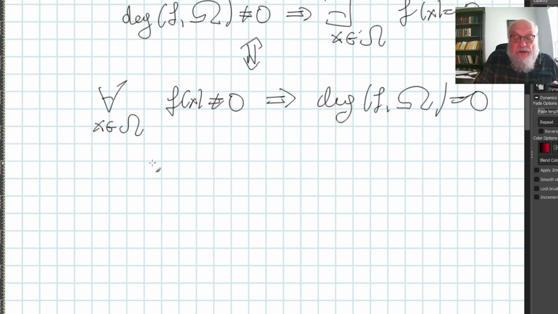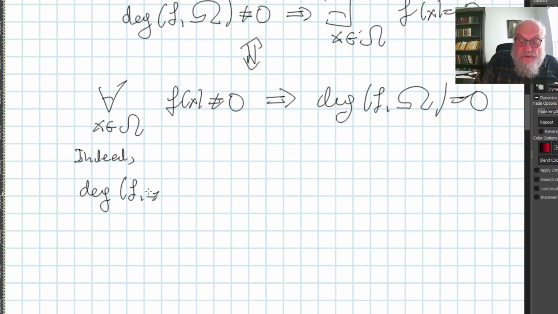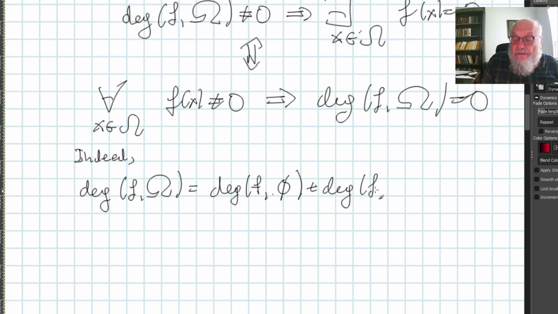And in order to show it, so let's do it. So what do I have here? So indeed, degree of f on omega can be written as the same as degree of f on the empty set plus degree of f on omega, by additivity.